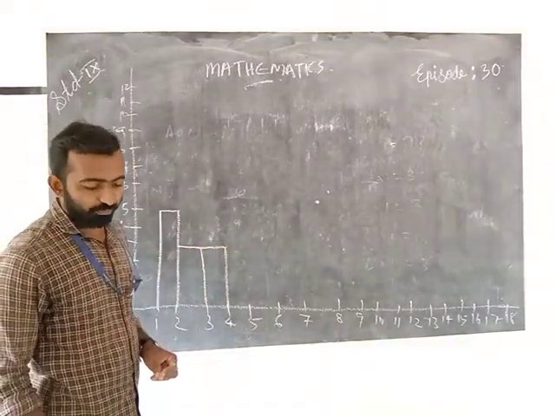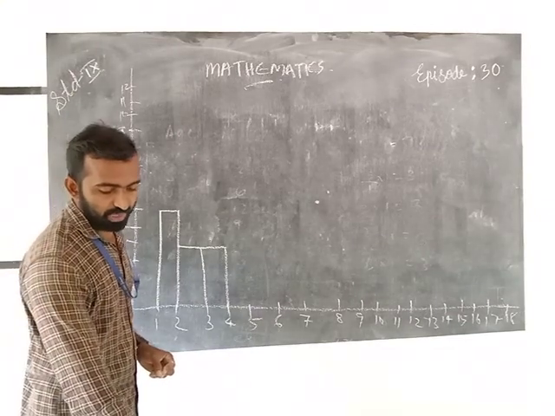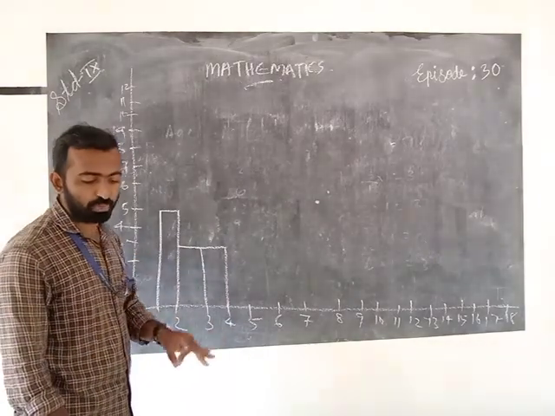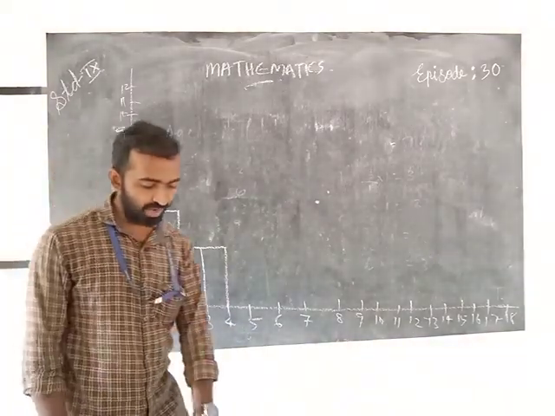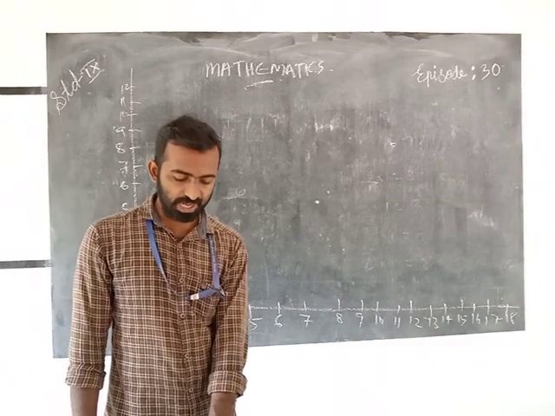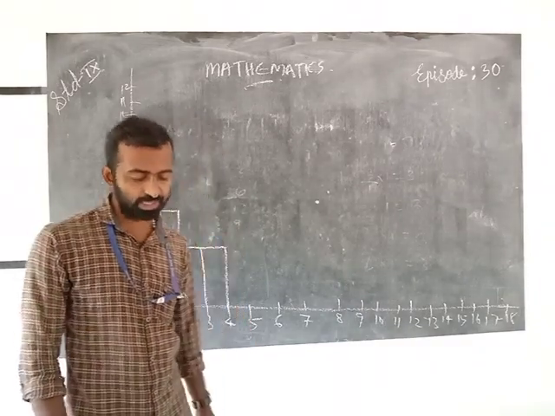Next we take 3 to 5. The length of the rectangle for 3 to 5 is 3, so we take 3.